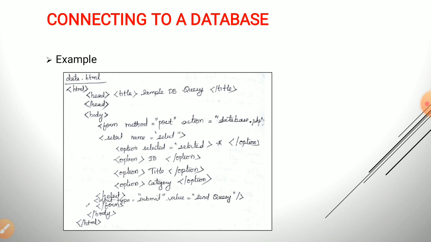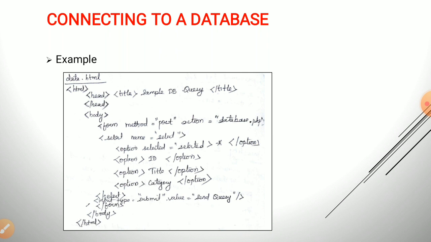Now moving to the next topic, connecting to a database. So PHP offers built-in support for a wide variety of databases like MySQL, Oracle, etc. So database connectivity allows system admin to maintain and update information such as user accounts, passwords, credit card numbers, mailing list, etc. So the steps in connecting to a database in PHP are: first, the client selects a database field name that is sent to the web server.